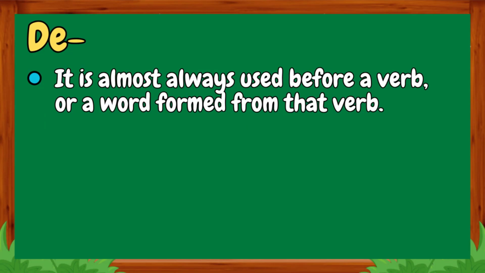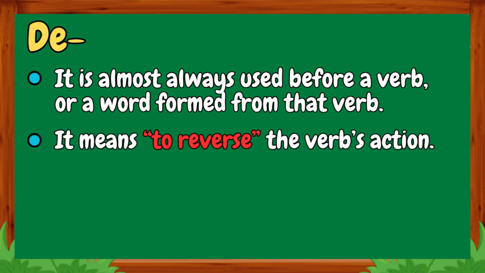Let's move on to prefix number 5 or 6. I lost count. In fact, this is actually prefix number 6, "de", and it is almost always used before a verb or a word formed from that verb, and it means to reverse the verb's action. So yeah, here it's changed a little bit from all the prefixes we looked at before.